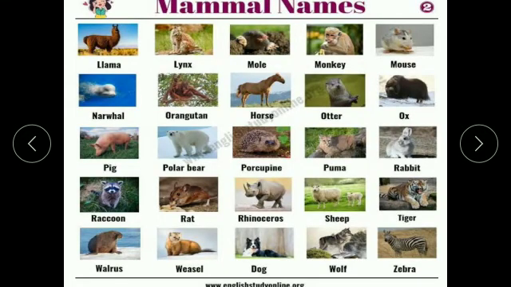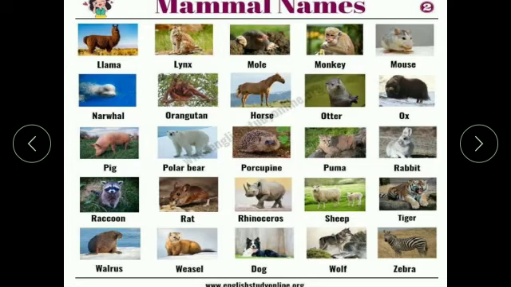Now this group, I'm sure most of you have heard about all these animals and you've seen some of them too. So you see there's a llama, a lynx. A lynx is one that belongs to the cat family. See a mole that looks like a rat, right?